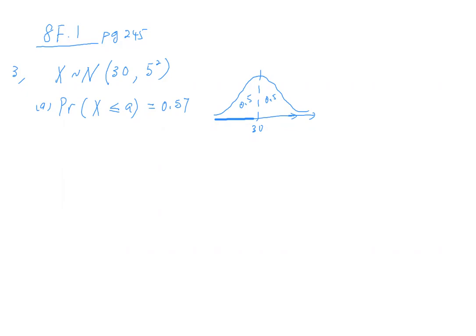Yes. You see or not? Because the probability of X less than A is more than 0.5, so A must be greater than 30. That is the reason you give. So A must be here, because this area is 0.57.